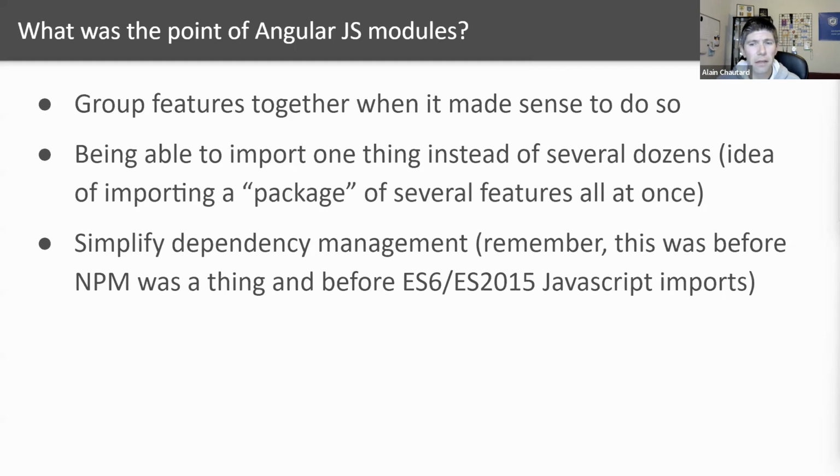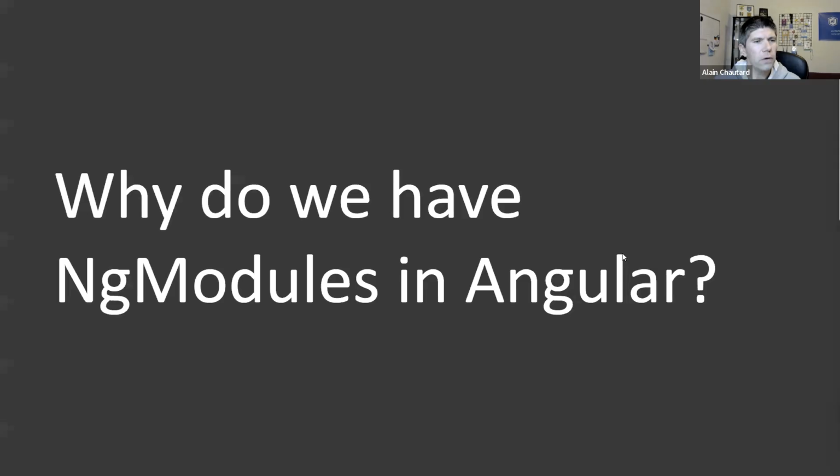Because again, this was a world where you would just load some scripts in your browser and hope that everything is there before you run the app, right? So there was no declarative way of saying, I need this, I need that, and then a compiler that's going to check and bundle everything. So that was the past, and that kind of explains why we had these modules in AngularJS.